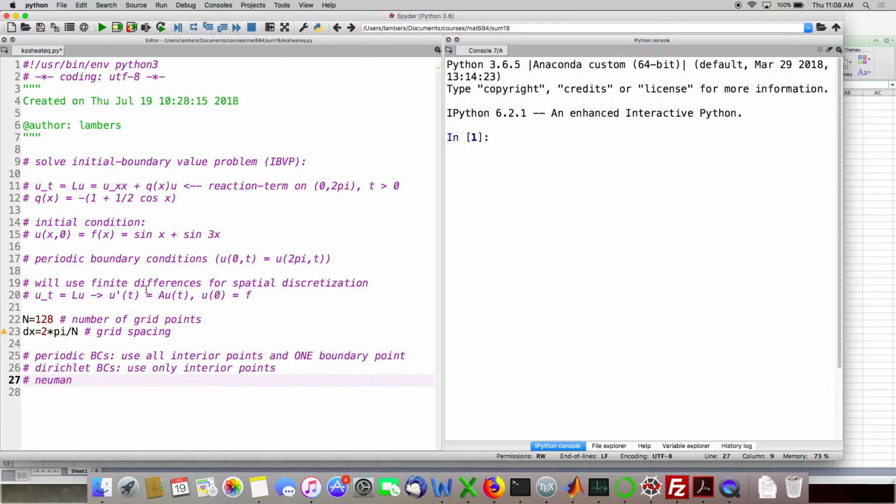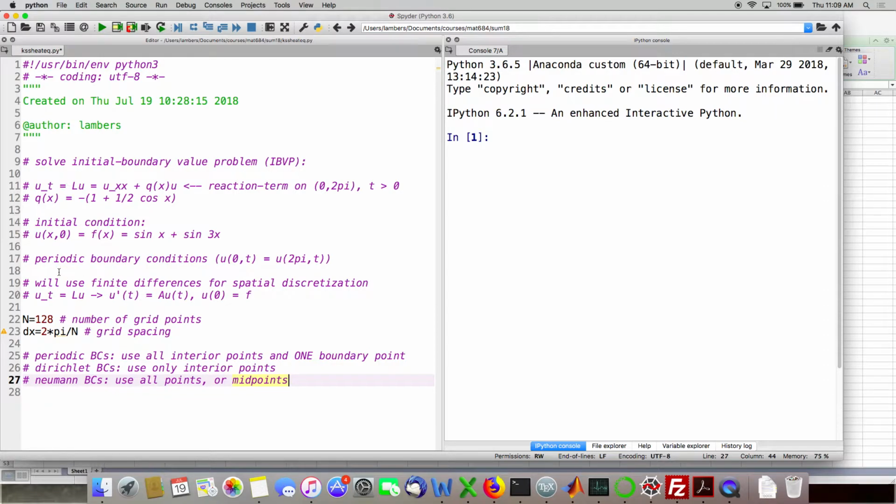For Neumann boundary conditions, where you specify the value of the first partial derivative, like a normal derivative on the boundary, I've seen different conventions. Use all points, both interior and boundary, or I've also seen use midpoints. So you divide your domain into intervals of equal width, and then you choose your unknowns to be the midpoints of those intervals. That seems to work well too.